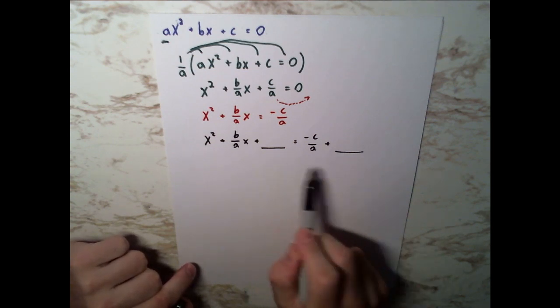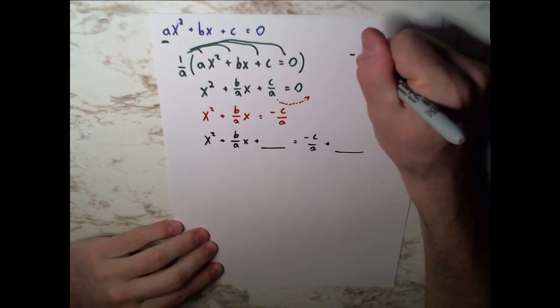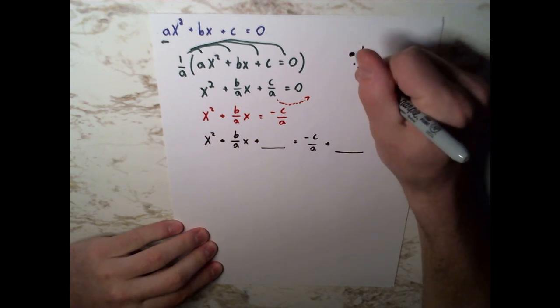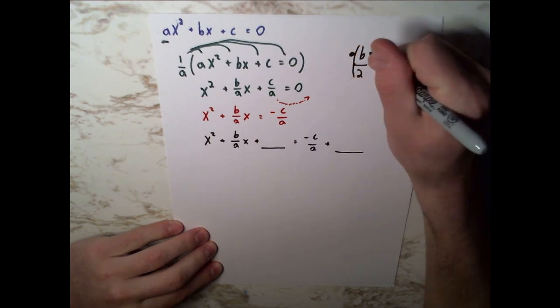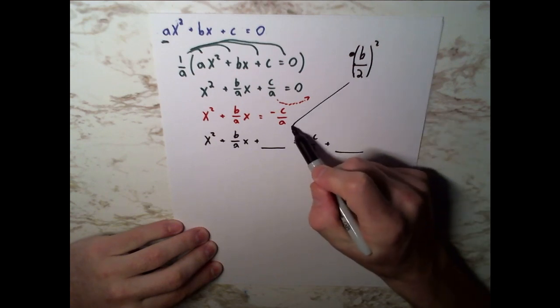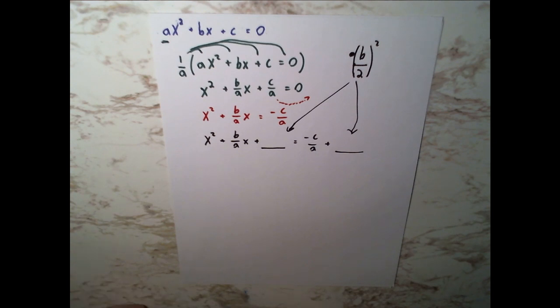And what goes in these blanks here is, my apologies, it's b over 2, squared. So this is what is going to go in both of these blanks here.